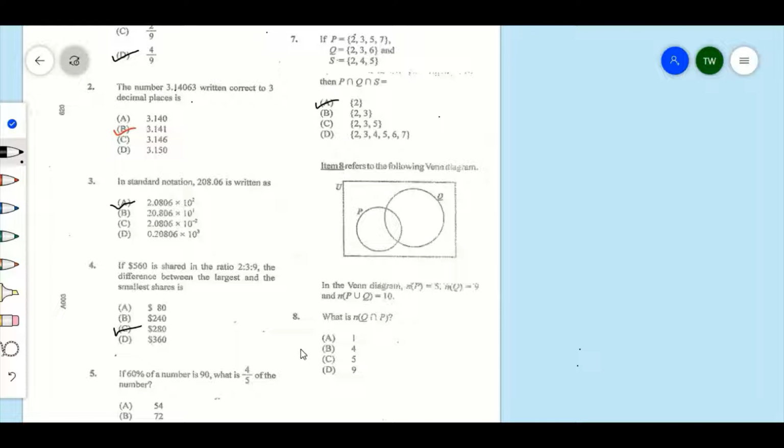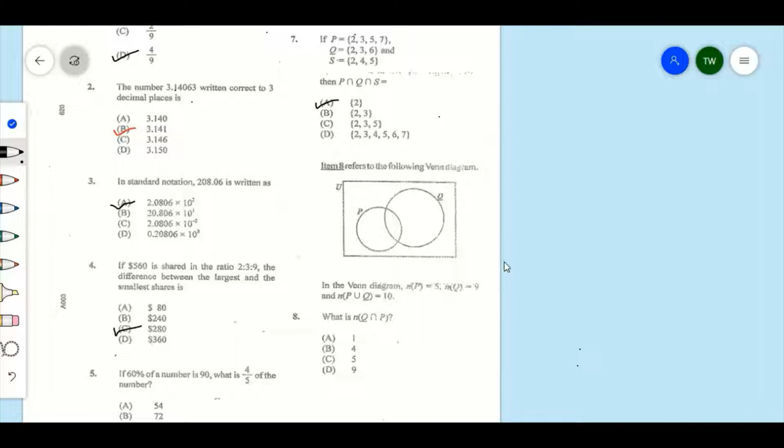So question number 8 refers to the Venn diagram here, right? And it says in the Venn diagram, the number of elements in P is equal to 5, the number of elements in Q is equal to 9, and the number of elements in P union Q is equal to 10. And the question asks us, what is the number of elements in Q intersect P?